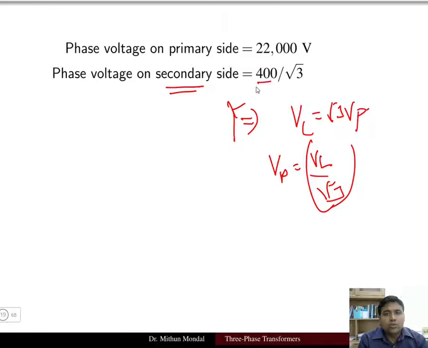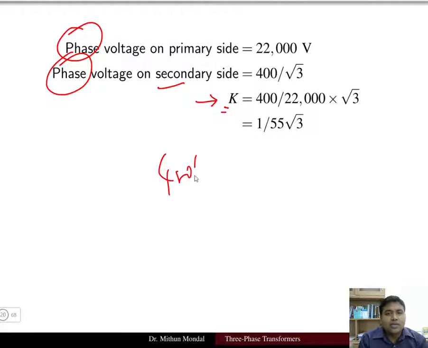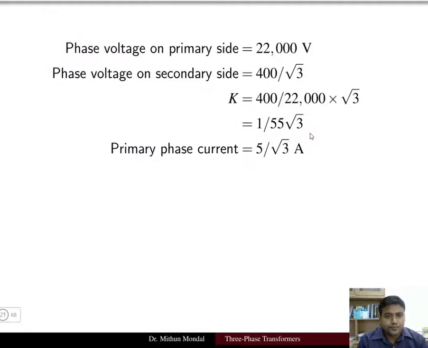So 400 volt on the secondary side, you divide it by root 3, you will get the phase voltage. Then the transformation ratio K we can obtain from the phase voltage of the primary side and the secondary side. So on the secondary side we have 400 by root 3 and on the primary side we have 22,000. So this will give you the phase transformation ratio. So you'll get 1 by 55 root 3.